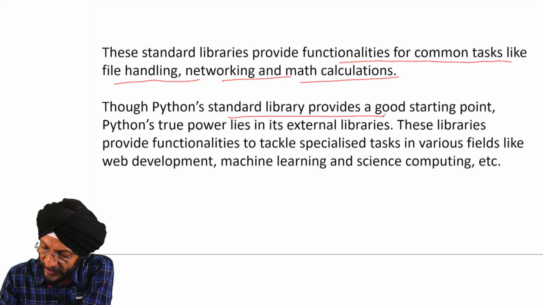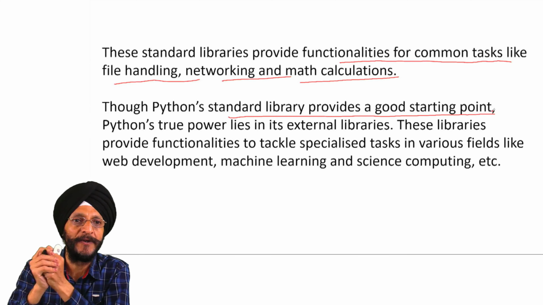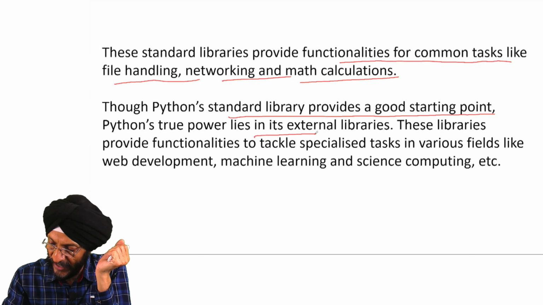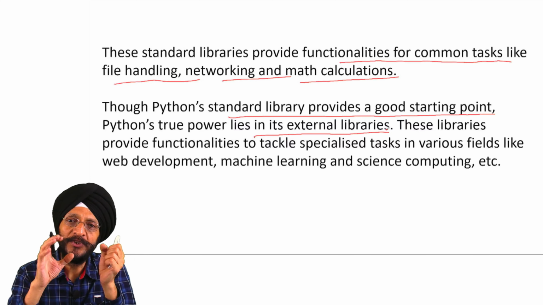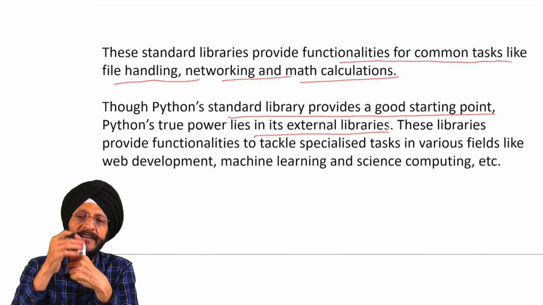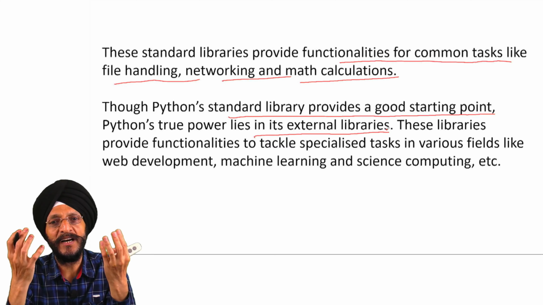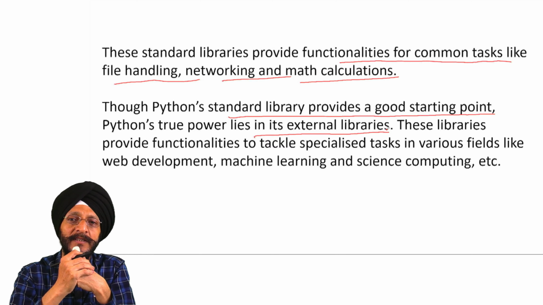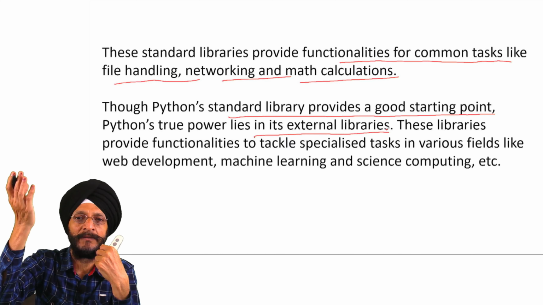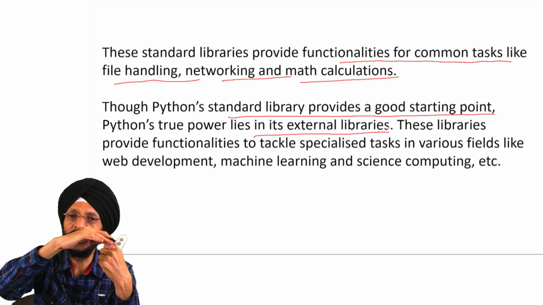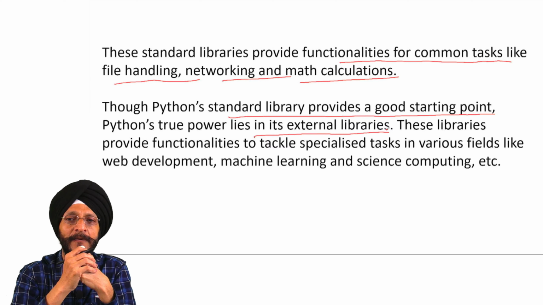Though Python's standard library provides a good starting point, Python's true power lies in its external libraries. It means that though Python's official website has standard libraries which provide us support for common tasks, there are also external libraries available online in addition to the Python's official website.